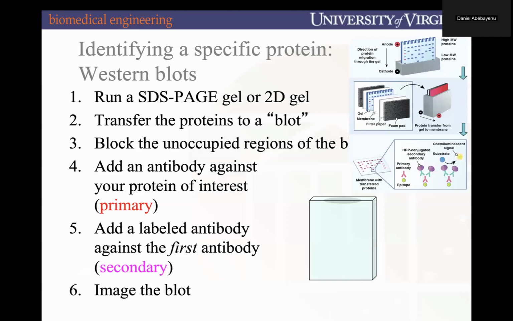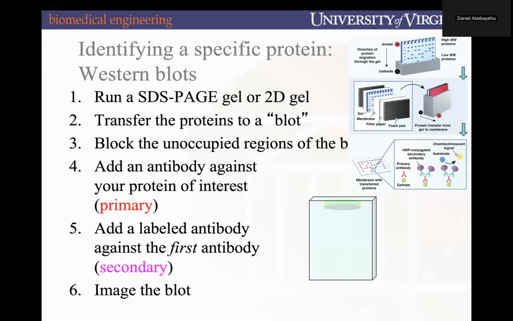Sometimes research labs will use milk for this step. We'll also use fish gelatin powder. It varies based on what you're doing, but you just want some abundant protein buffer that occupies all of this non-specific binding. So after you do that step, you can come in with your antibody that targets your specific protein of interest. Now this non-specific binding is taken care of, and you're going to have largely specific binding with this antibody.